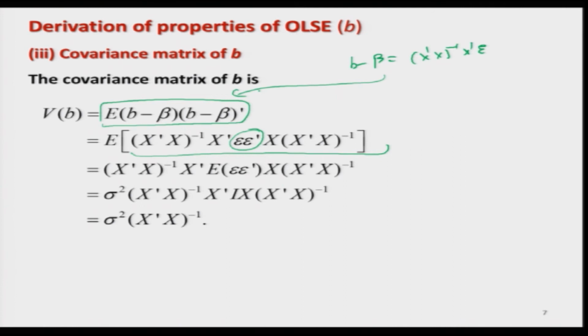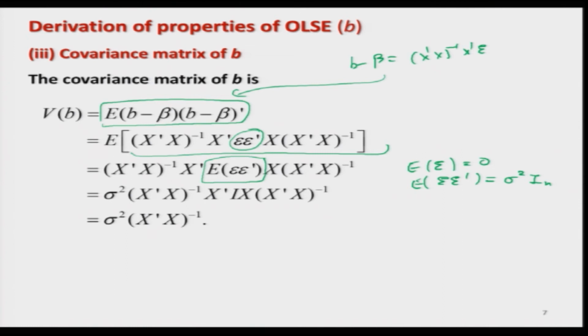Right. Now, I can take the expectation sign inside the bracket. X is a non-stochastic matrix, so the expectation acts on the random part, which is epsilon epsilon transpose. You have already assumed that the expected value of epsilon is 0 and the expected value of epsilon epsilon transpose is sigma square I_n.